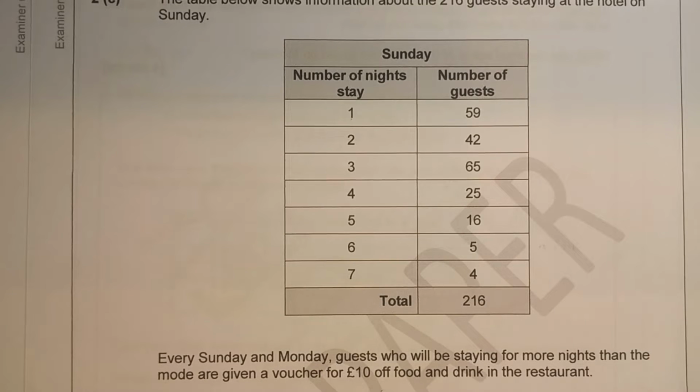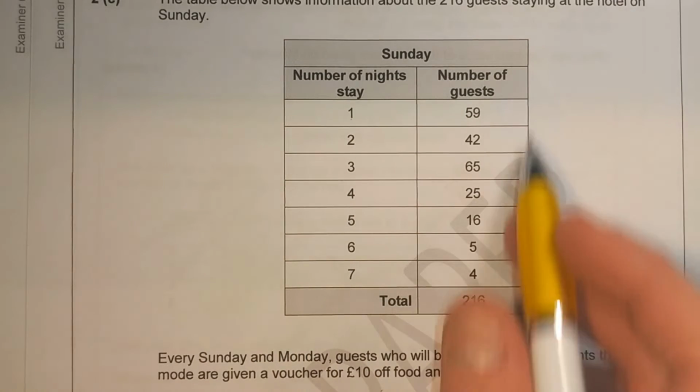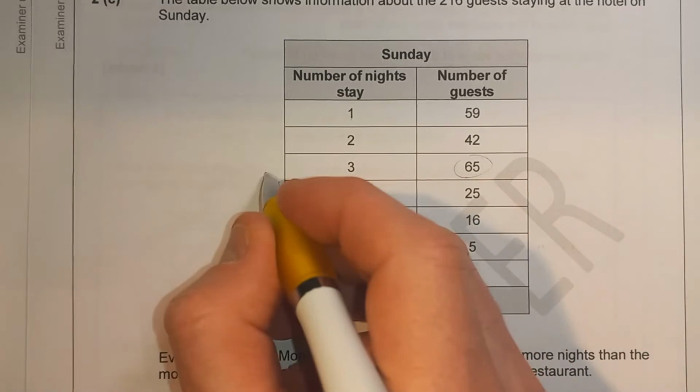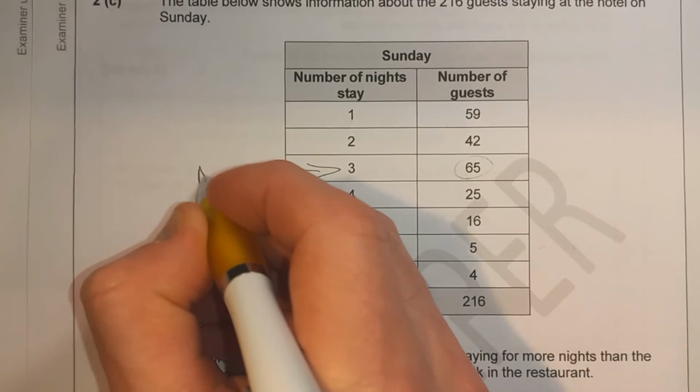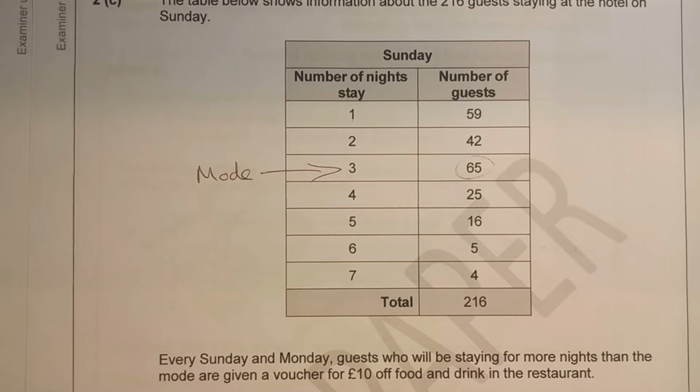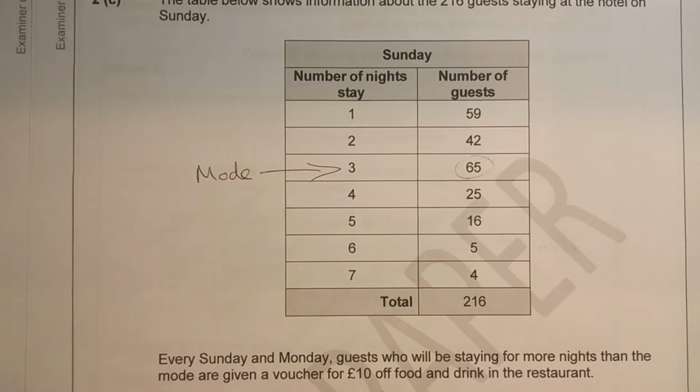So what's the mode? So the mode is the most common. So it's going to be the number of nights with the biggest number. Well, the biggest number here is 65. So the actual mode will be 3. So more people stay for 3 nights than any other number of nights.